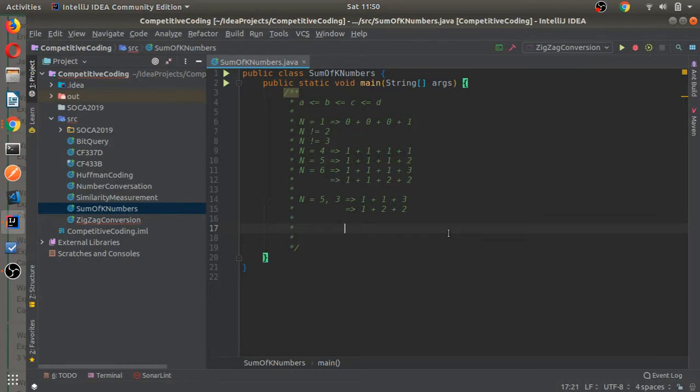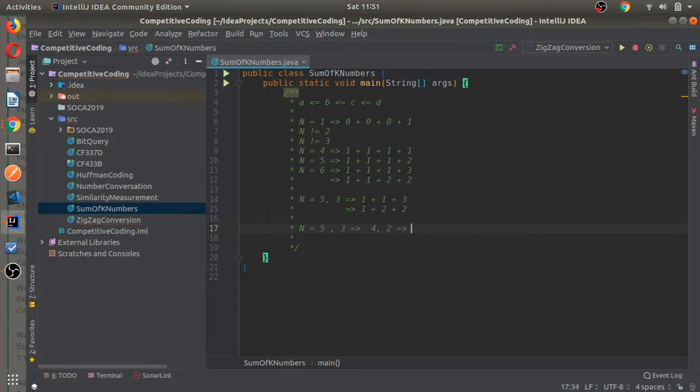Okay, that kind of makes sense. And again, n is equal to 5, k is equal to 3, 5 minus 1, so 4 comma 2.